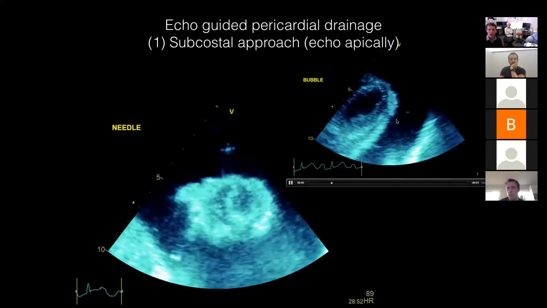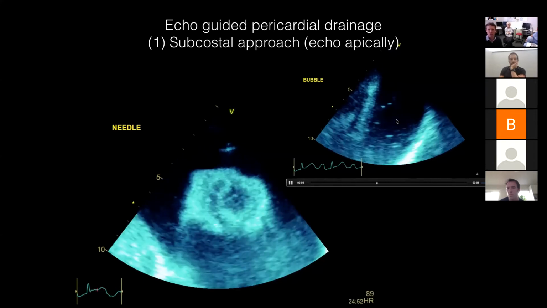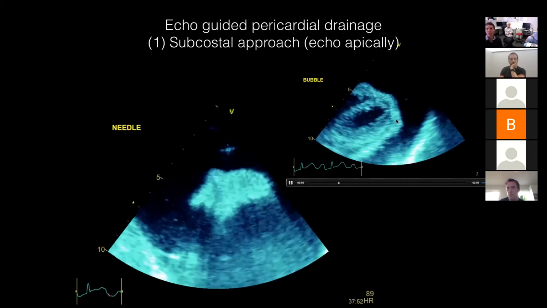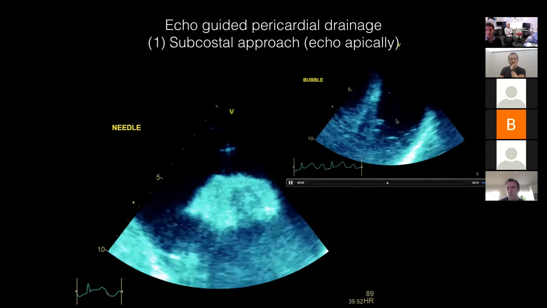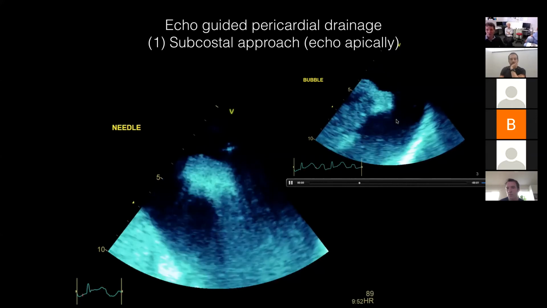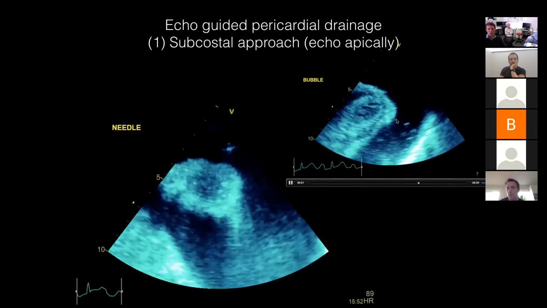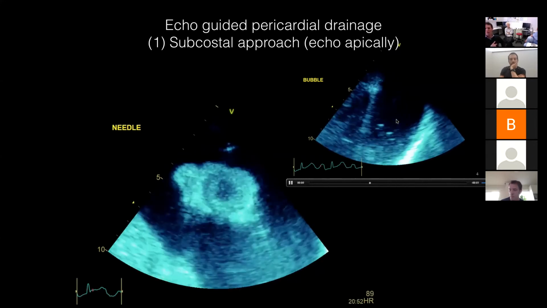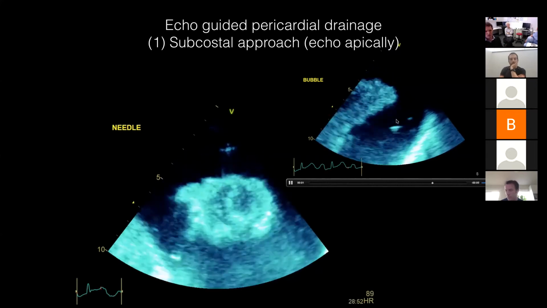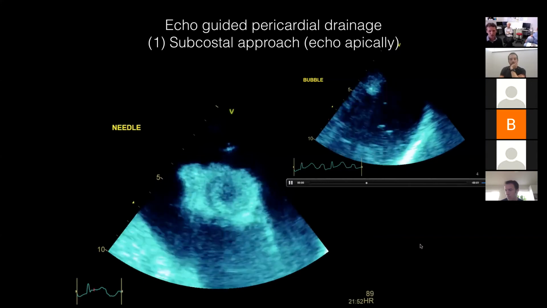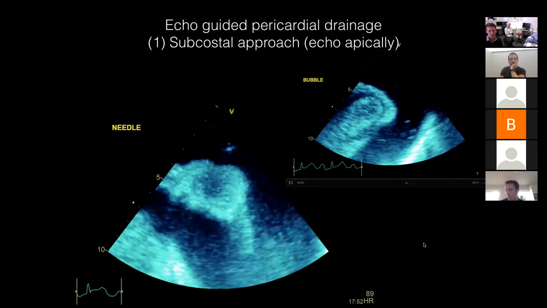As long as you see bubbles going in the pericardial space, that tells you you're in the right spot. If you see bubbles in the right ventricle, you're in the wrong spot. If you don't see any bubbles at all, you're also in the wrong spot. I've seen bubbles in a pleural effusion rather than the pericardial one, when I've done subcostal approaches and there are both. So using the bubbles helps you figure out where you've landed and double check your position.